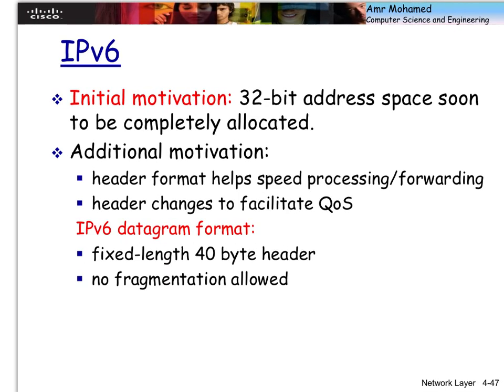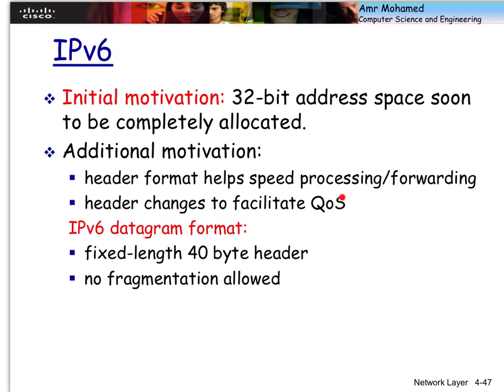Another additional motivation was to use the lessons learned from the design of IP version 4 to make the header for IP version 6 cleaner and keep the fields that make sense and are actually used for critical functionality. Other fields, such as fragmentation and reassembly, we talked about, right? This has been removed completely from IP version 6. We don't do any fragmentation and reassembly.